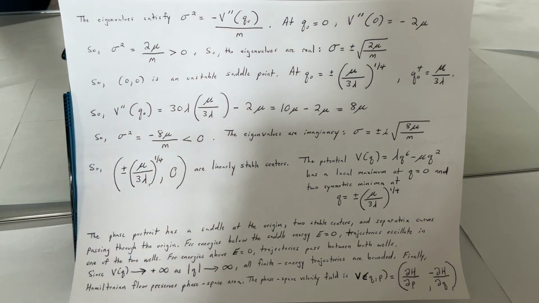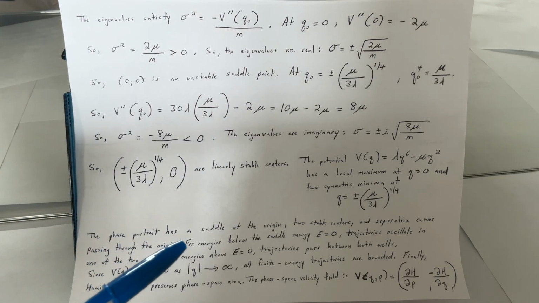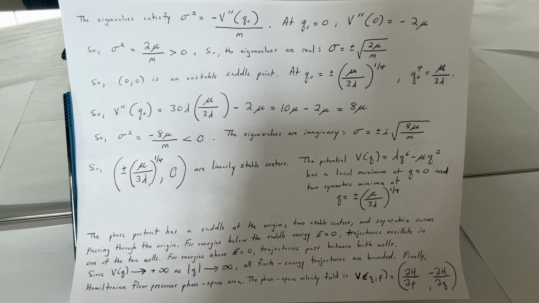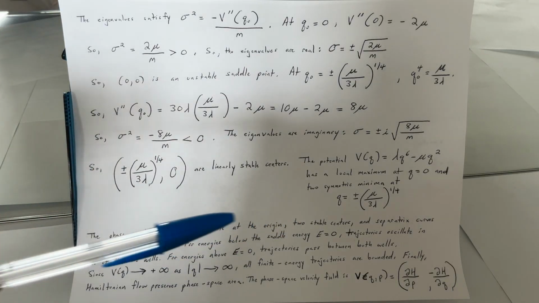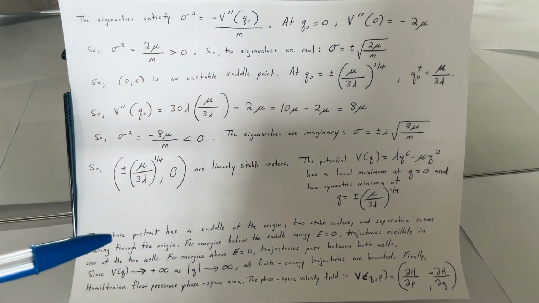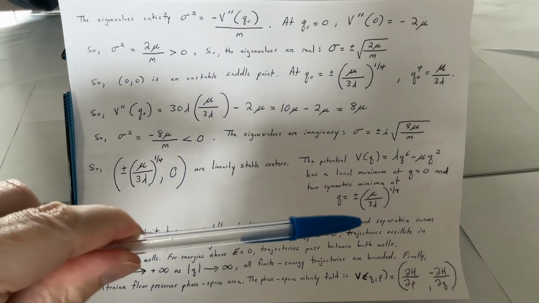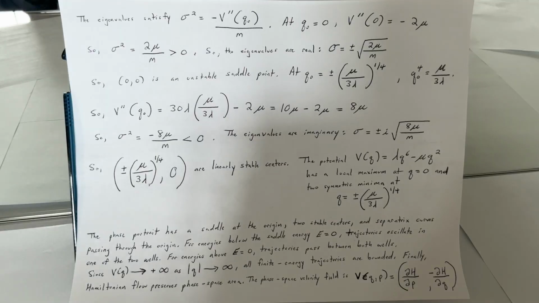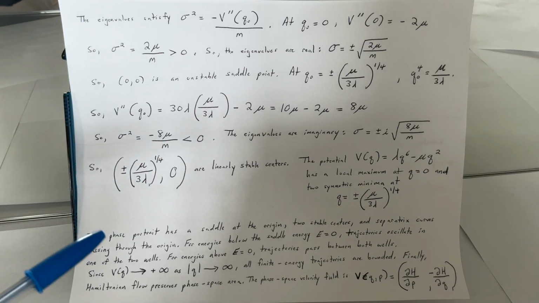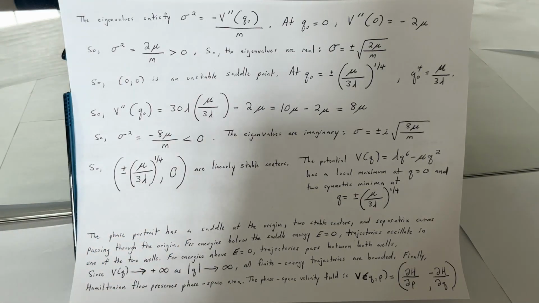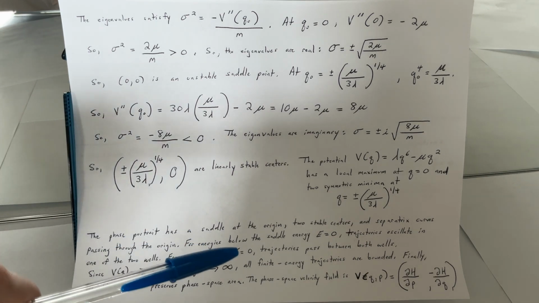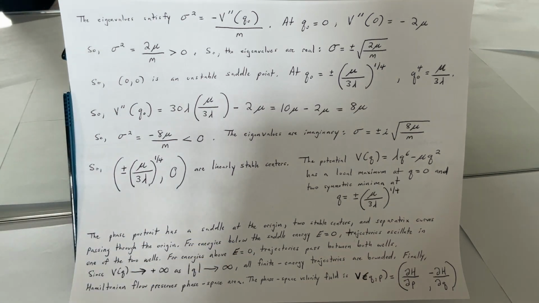The phase portrait has a saddle at the origin, two stable centers, and separatrix curves passing through the origin. For energies below the saddle energy, E equals 0, trajectories oscillate in one of the two wells. And for energies above E equals 0, trajectories pass between both wells.